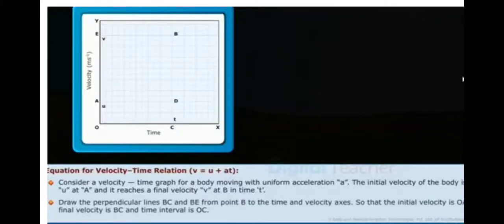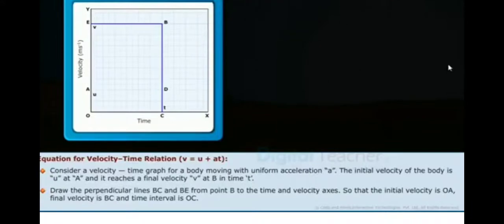Equation for velocity time relation. v equals u plus at. Consider a velocity time graph for a body moving with uniform acceleration a, with initial velocity of the body u at A, and it reaches the final velocity v at B in time t.